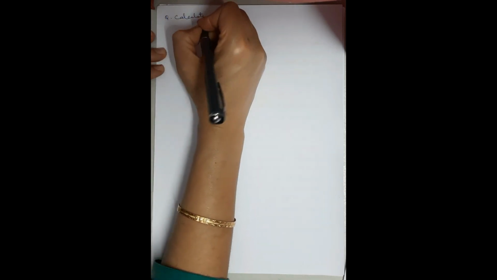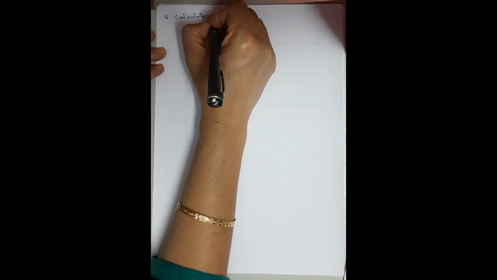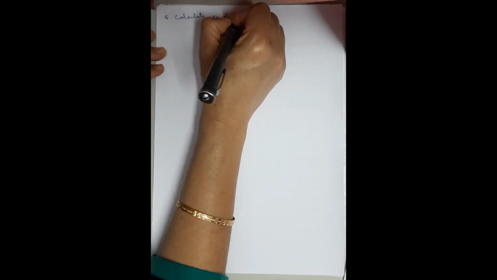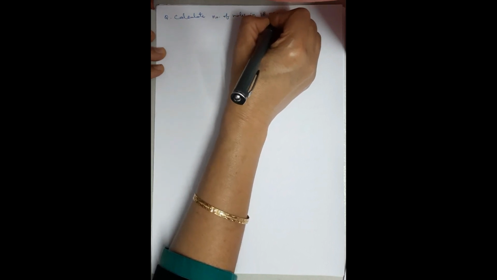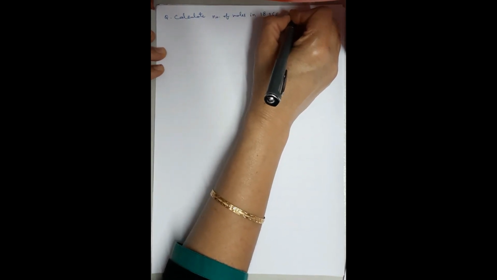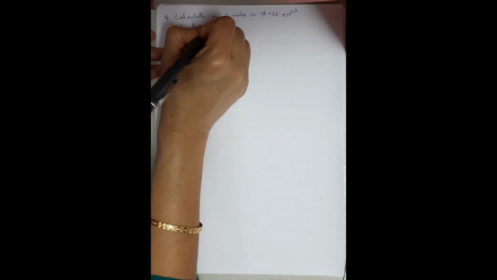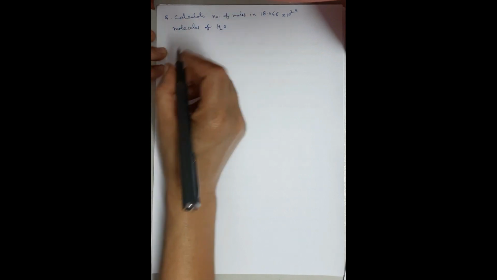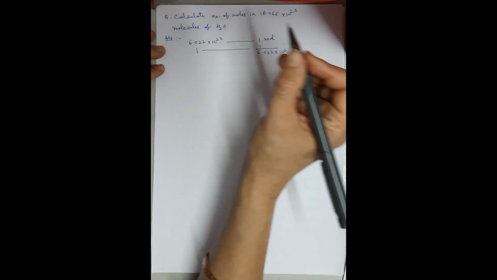Children, if a question comes, calculate the number of moles in maybe 18.066 into 10 raised to power 23 molecules of water. How will you find? Now you need to write down the relation between moles and number.